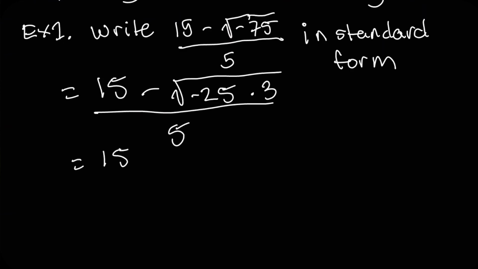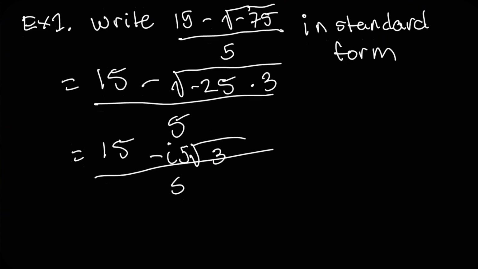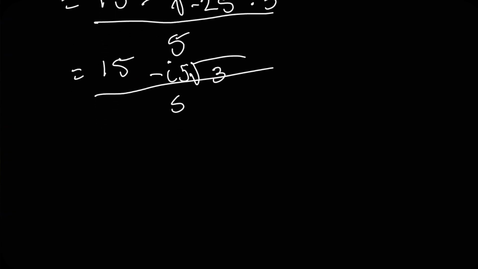This will give us 15 minus i, and then the square root of 15 and 3. We can take a 5 out and leave a 3, so we'll say 5 and 3, all divided by 5. A few more steps here to simplify. We can take our 15 and divide it by the 5, and then finally we can take our other portion and divide it by 5.